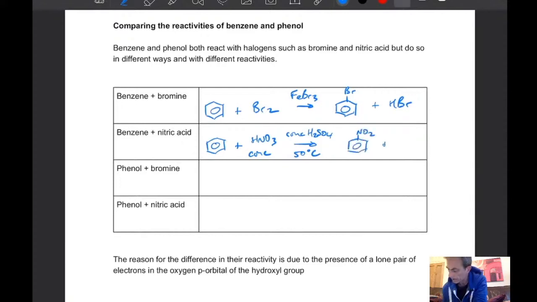So there are your benzene reactions. Phenol and bromine, you get 3 moles of bromine react. There's no catalyst needed, and you get the 2,4,6-tribromophenol product.